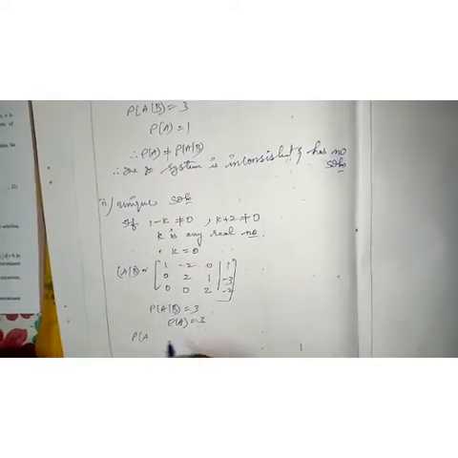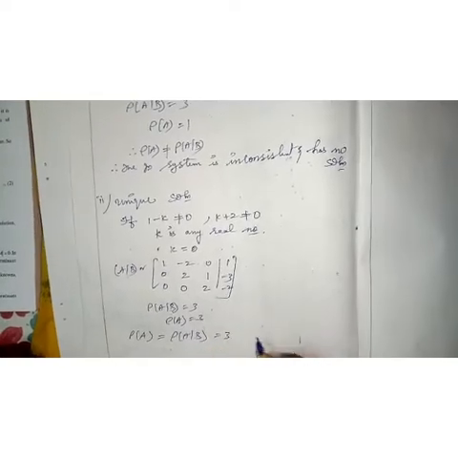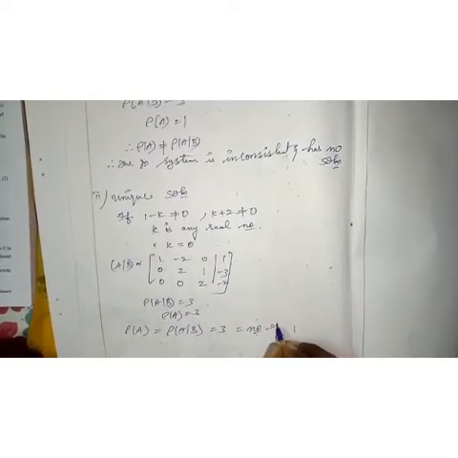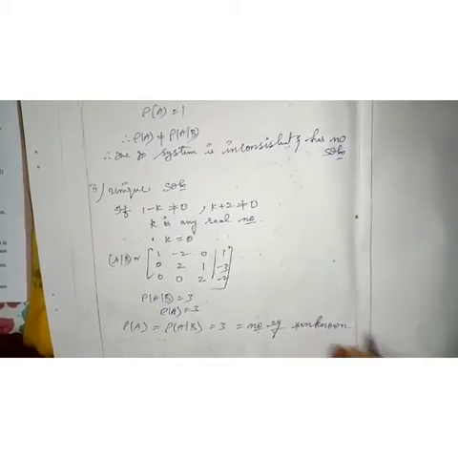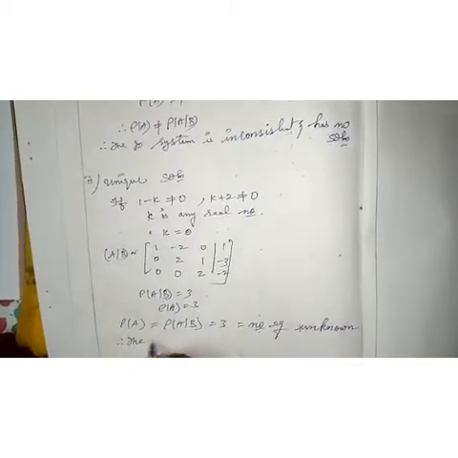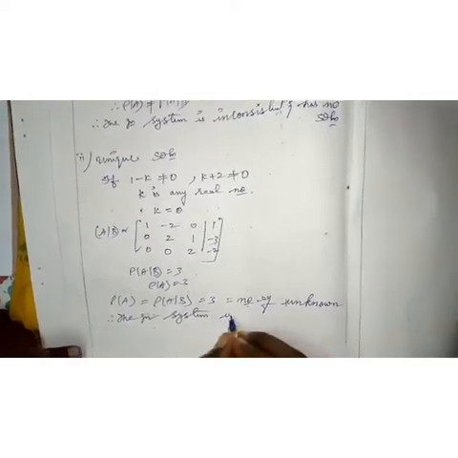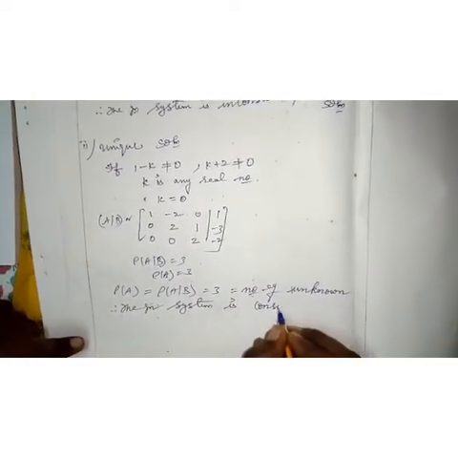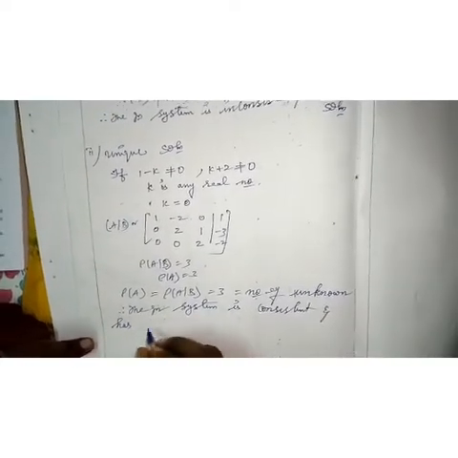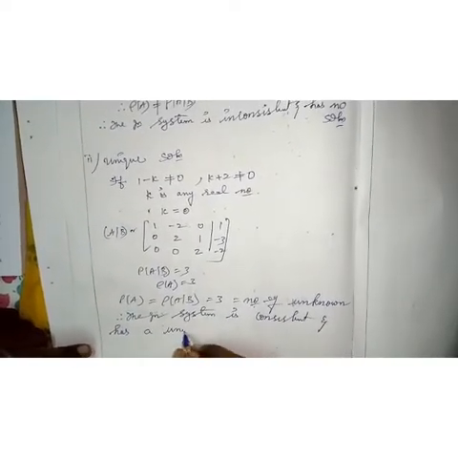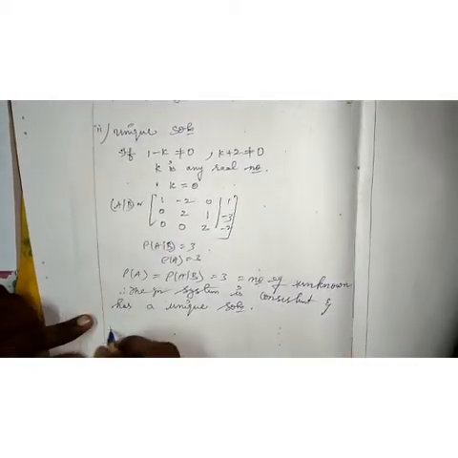That is rank of A equal to rank of A bar b equal to 3, which is equal to the number of unknowns. Therefore, the given system is consistent and has a unique solution. Is it clear, children? Then come to the last case.